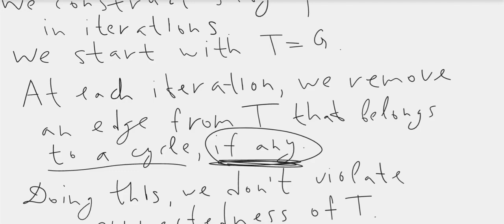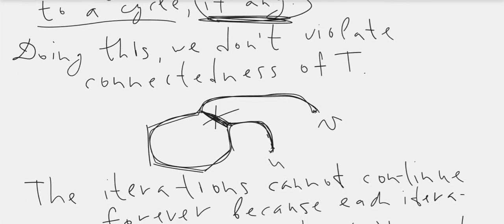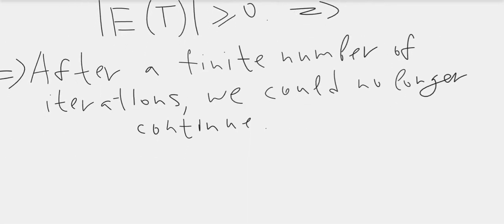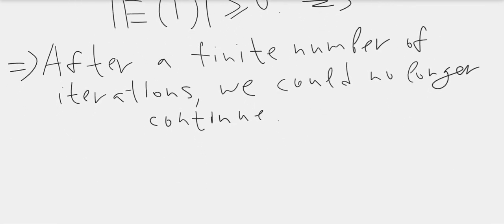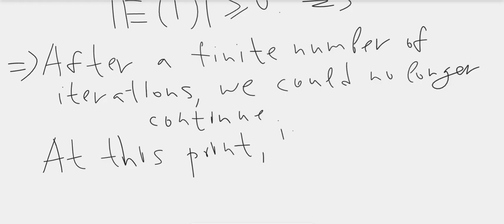So that means that at this point, in this resulting graph, T has no cycles.